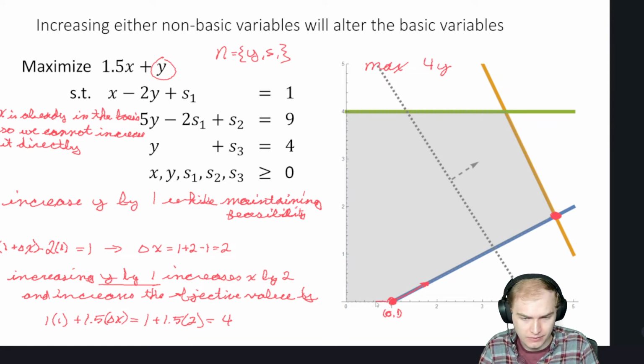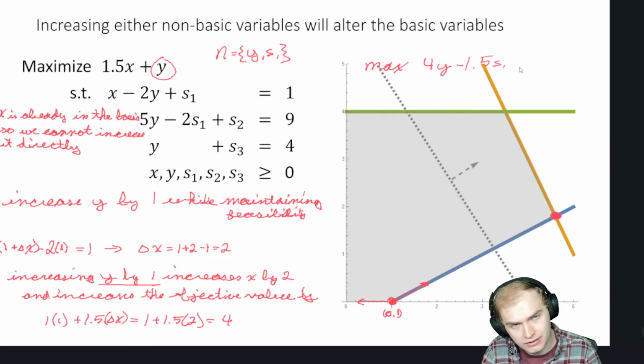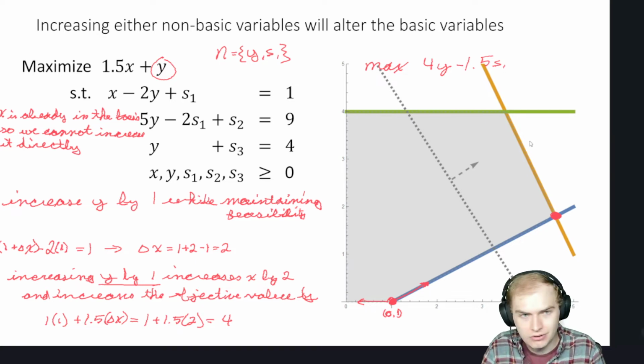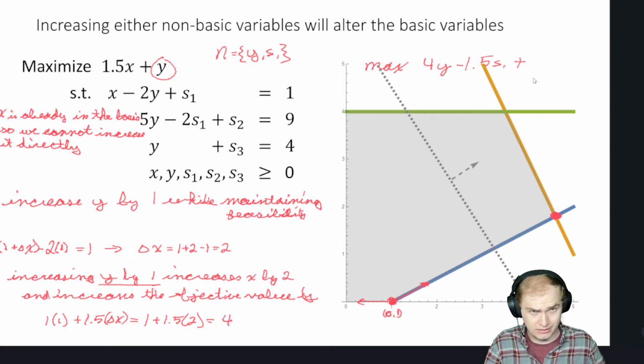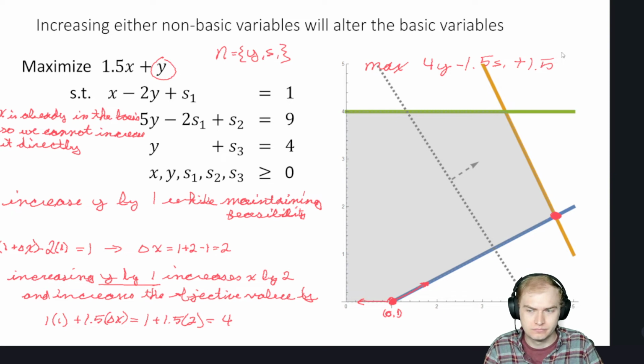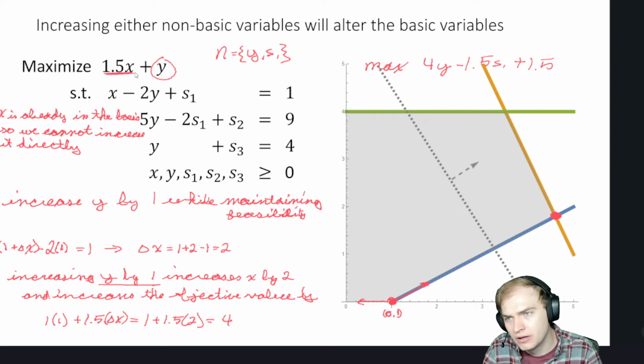Which is moving this direction, back the way we came. So it's no surprise that that sort of decreases the objective function by 1.5 s1. And further, it's good practice to include a constant for the objective function at the current basis, which was 1.5, because we have x equal to 1.